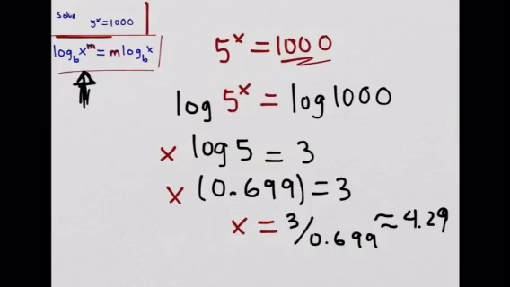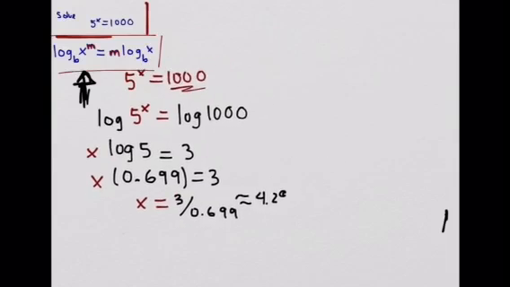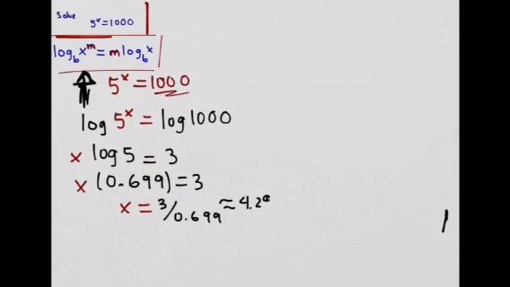Okay, so I got my answer, and let's check that this works. Let me put this to the side like I did the other stuff. So this is my answer.